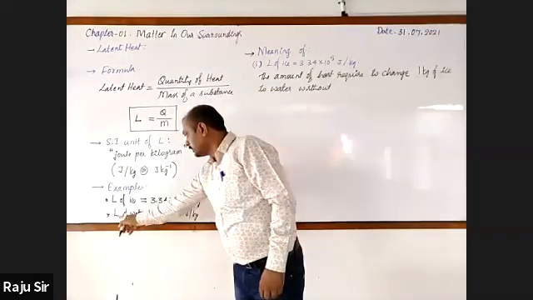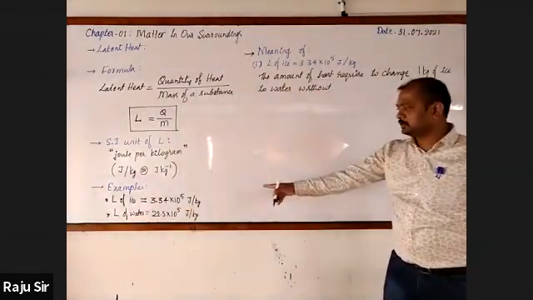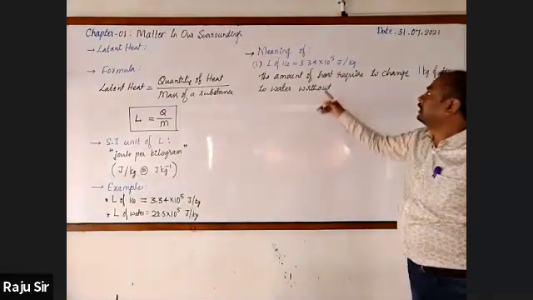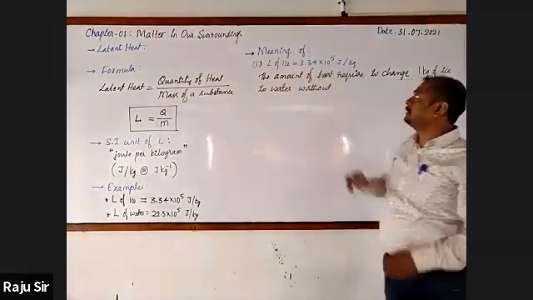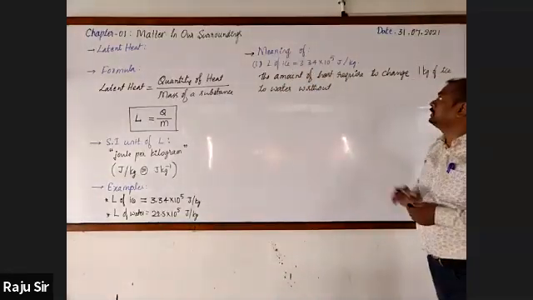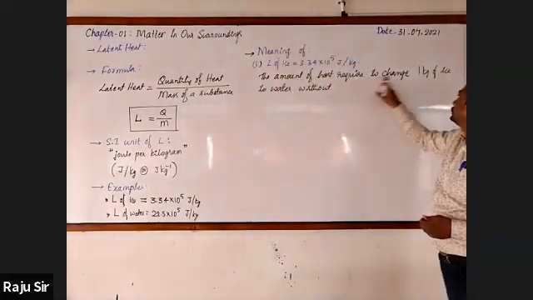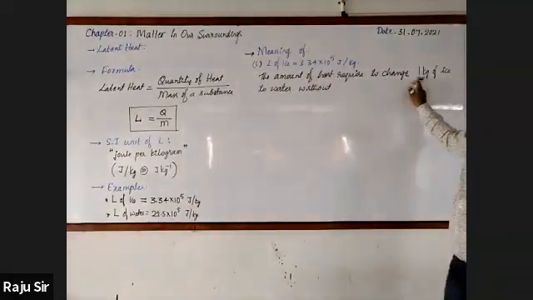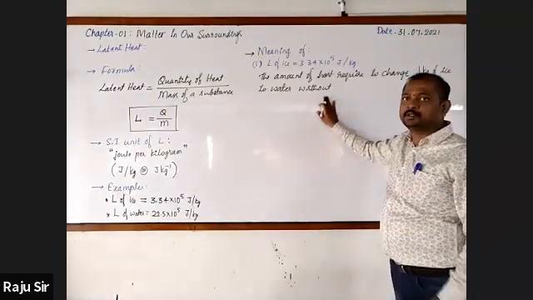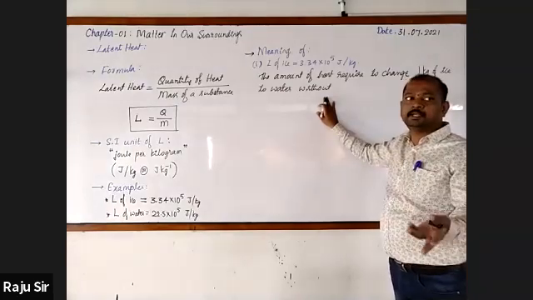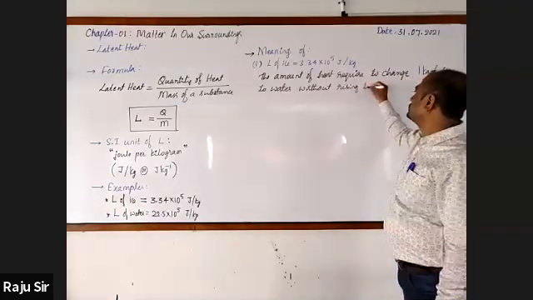Here, latent heat of water is 22.5 into 10 raised to the power 5 joule per kilogram. And here we are writing the meaning of latent heat of ice. It is 3.34 into 10 raised to the power 5 joule per kilogram. It means the amount of heat required to change 1 kg of ice to water without rising its temperature, nothing but at its melting point.